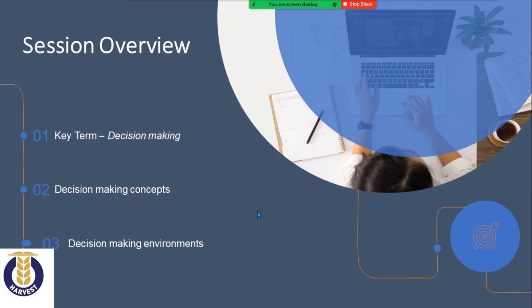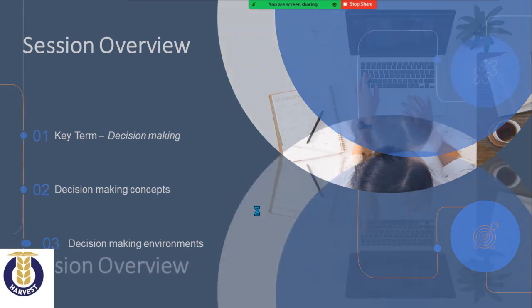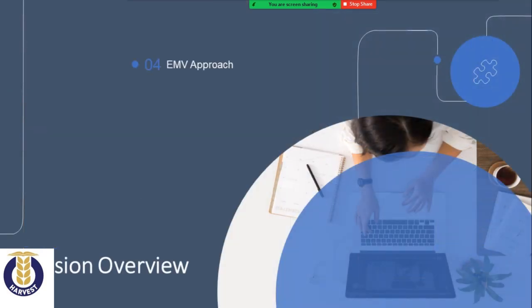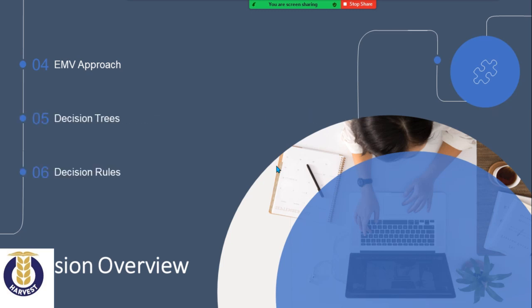We shall look at the decision making environment. Then we shall look at the expected monetary value approach, EMV approach, and its role in decision making. We shall look at the decision trees. We shall also look at the decision rules.